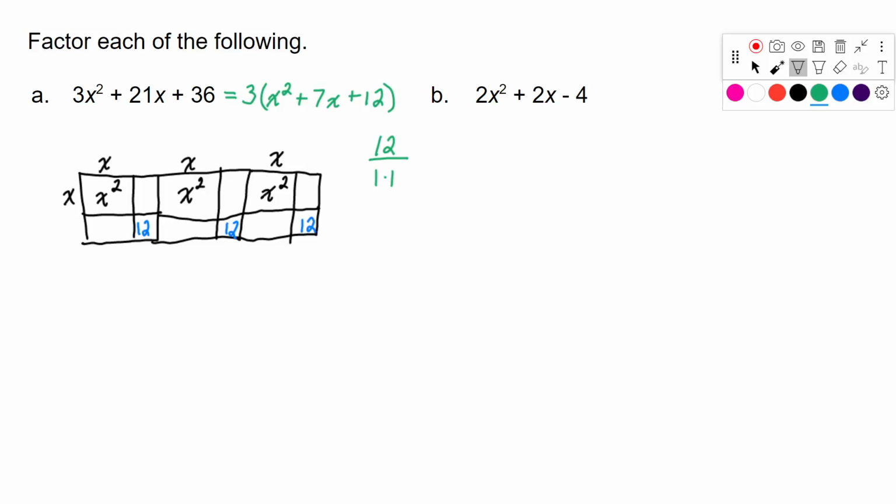So factors of 12 are 1 and 12, 2 and 6, 3 and 4. And the pair that will combine to give me 7x would be the 3 and the 4. So we have 4x and 3x in each of these blocks.